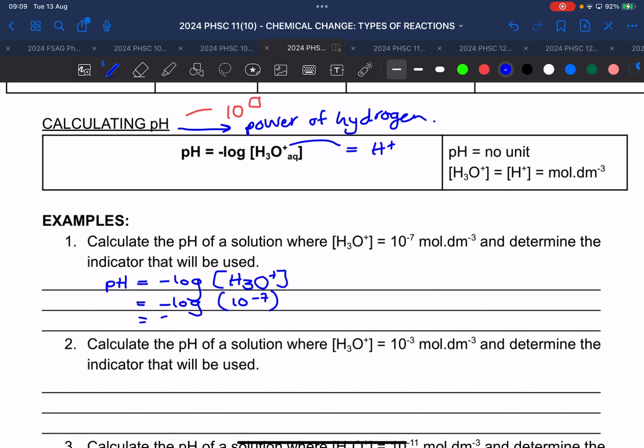No unit, just 7. So, Ona, if you get a solution and the pH is 7, which indicator will be suitable for that solution? Probably the TB. Bromothymol blue will be a suitable indicator.